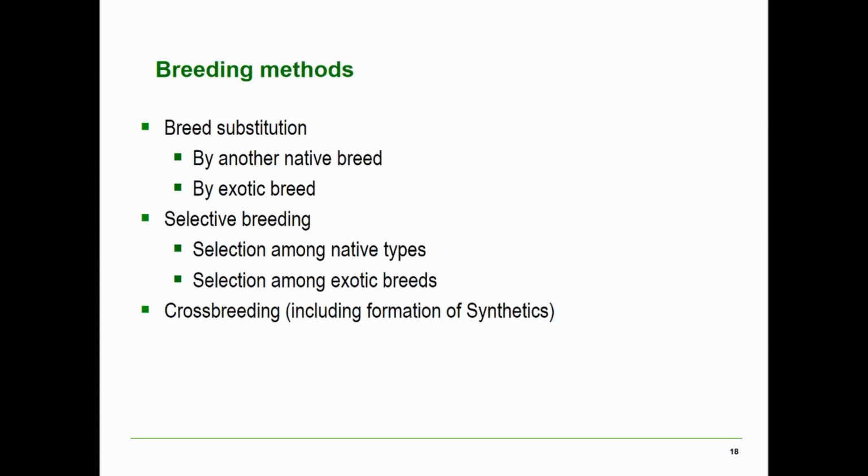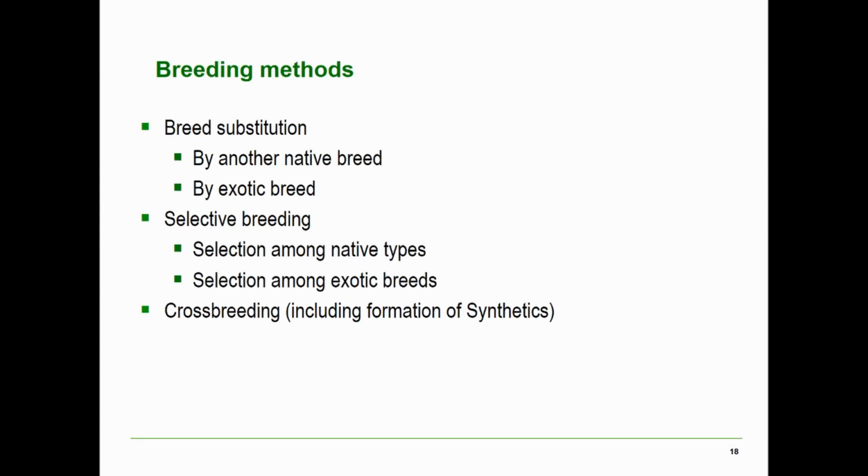If we decide that the local or native breed is not good enough, we can bring in this exotic breed, which is supposedly much better in terms of genetic background and all the other characteristics. Of course, we might also find out that we bring in 200 Holstein cattle, and by the end of the first year 190 are dead because of the climatic conditions and the parasitic load, which might not have been such a good idea.